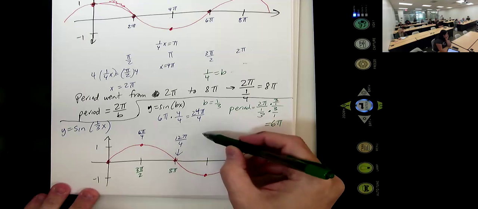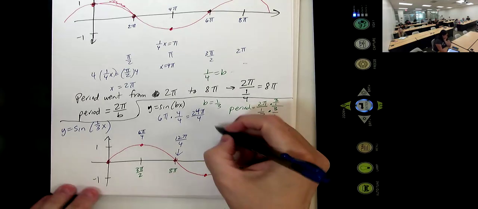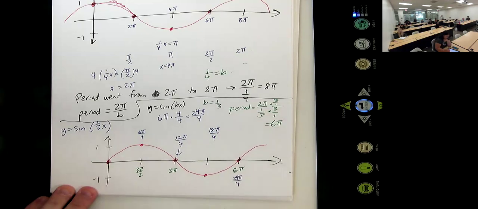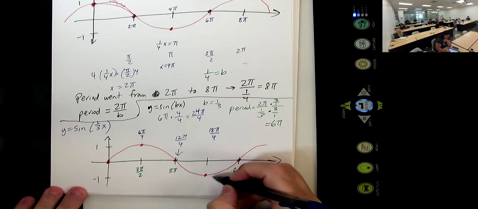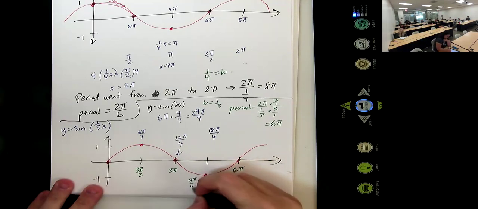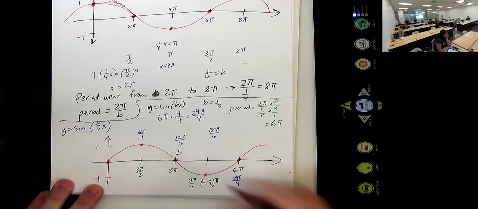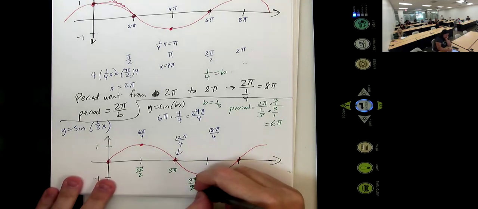One easy way to do it is just add these two. 6 pi plus 12 pi is 18 pi. And 18 pi over 4 reduces to 9 pi over 2, right? Which sounds funny. 9 pi over 2 is 4.5 pi. I said 2 when I wrote 4.